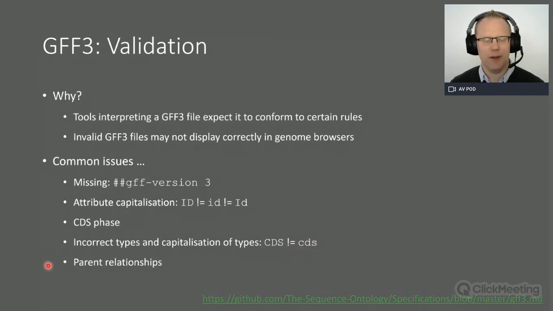And you'll also see various features. So we've just had a look at, when we define a parent attribute for a feature to define a parent-child relationship. That relationship can only happen if those two feature types have a parent-child relationship in the sequence ontology. And so if you try to enforce a relationship between two feature types that are not related in that way in the ontology, then that breaks the validation.